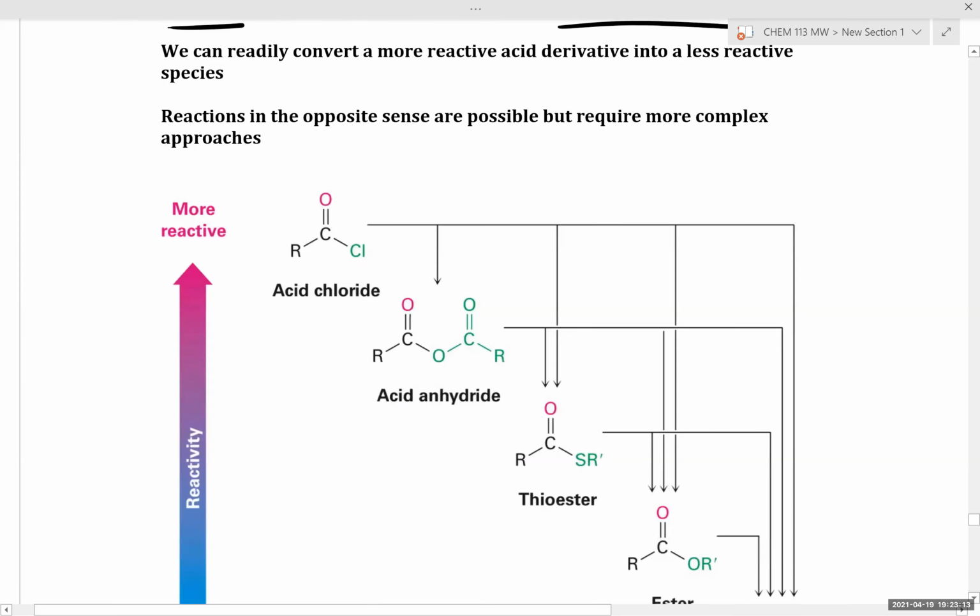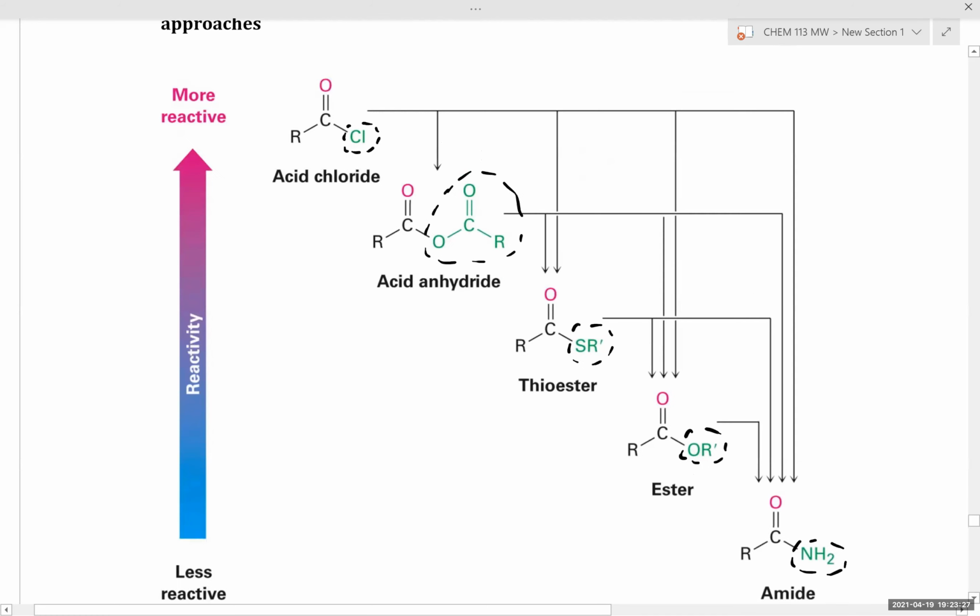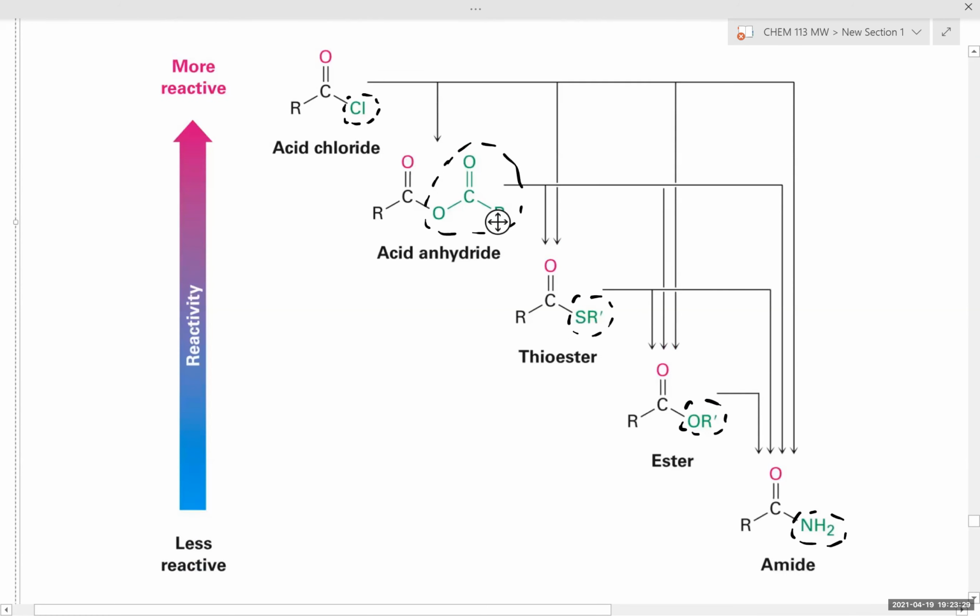So we can make a bit of a hierarchy of reactivity, where if we look at our acyl chlorides, our anhydrides, thioesters, esters, and amides, we see generally it's quite easy to convert our more reactive acyl group derivatives into less reactive acyl group derivatives.